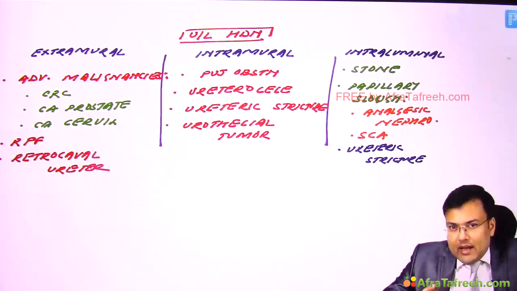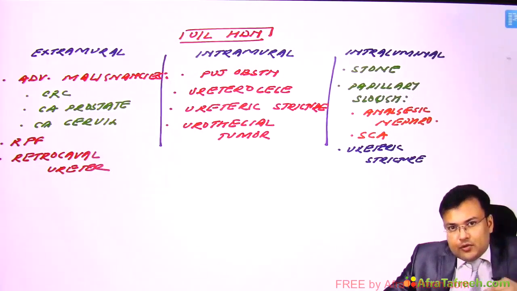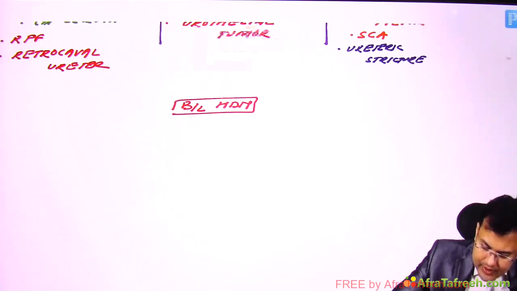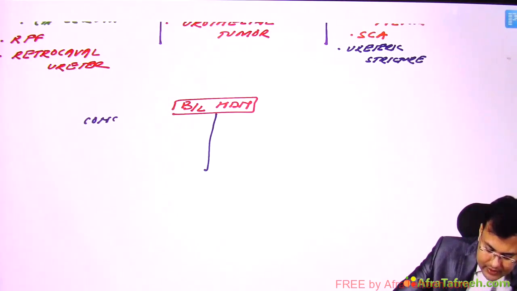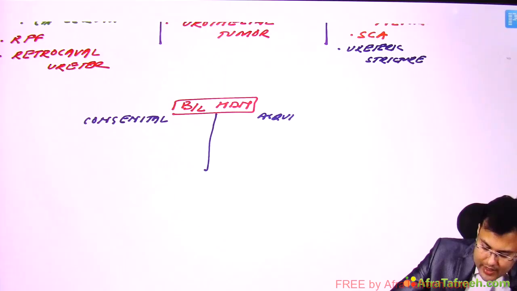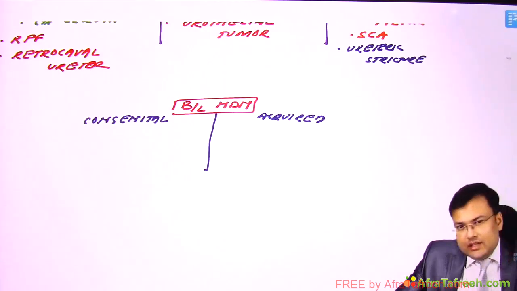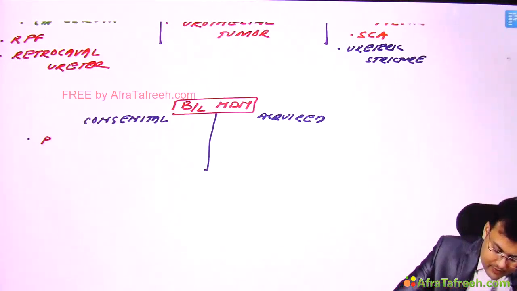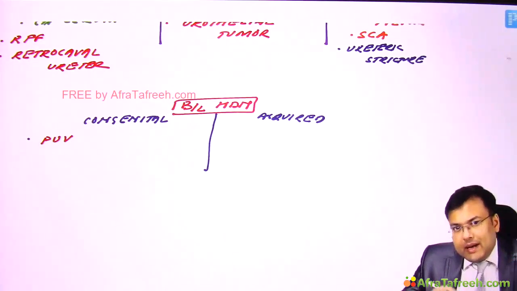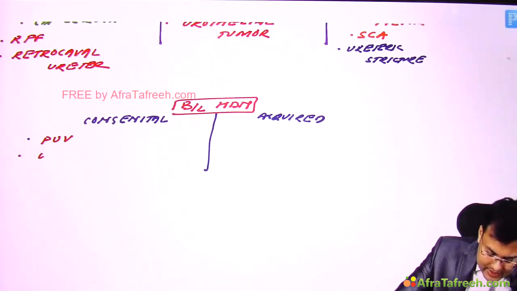And we discussed that for bilateral hydronephrosis, the obstruction should be beyond the bladder neck. So for bilateral hydronephrosis, the causes are divided into congenital and acquired. Clear? So congenital causes: posterior urethral valve, which is beyond the bladder neck, and urethral atresia, also seen in children.